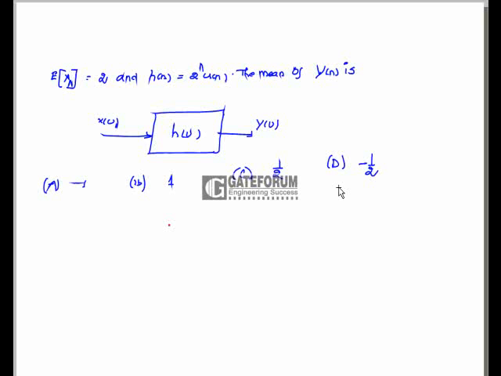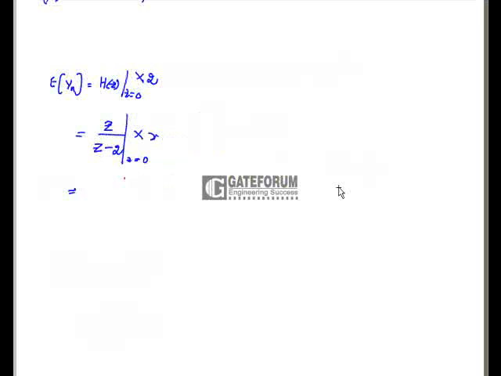Expectation of xn is given as 2 and h of n is given as 2 power n u of n. We have to find the mean of y of n, that is expectation of yn is nothing but h of z at z equals 0 multiplied with 2. H of z is given as z by z minus 2, into 2, at z equals 1.